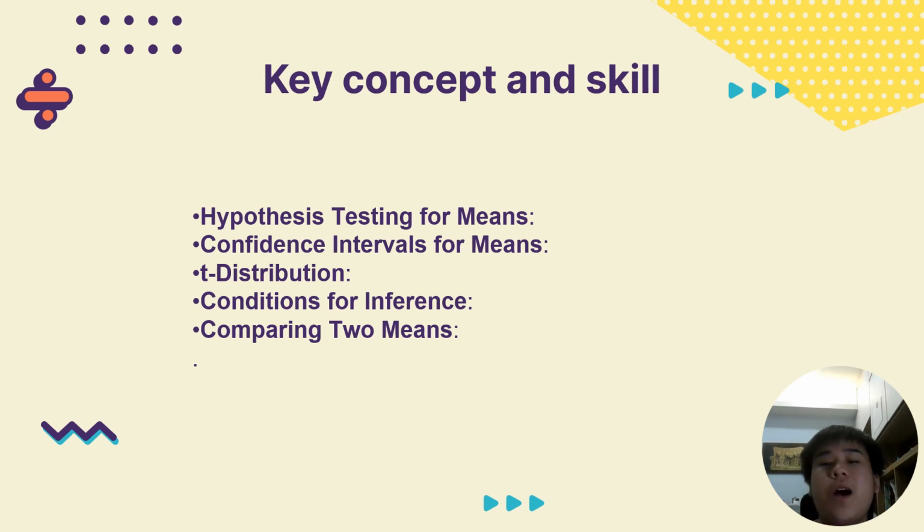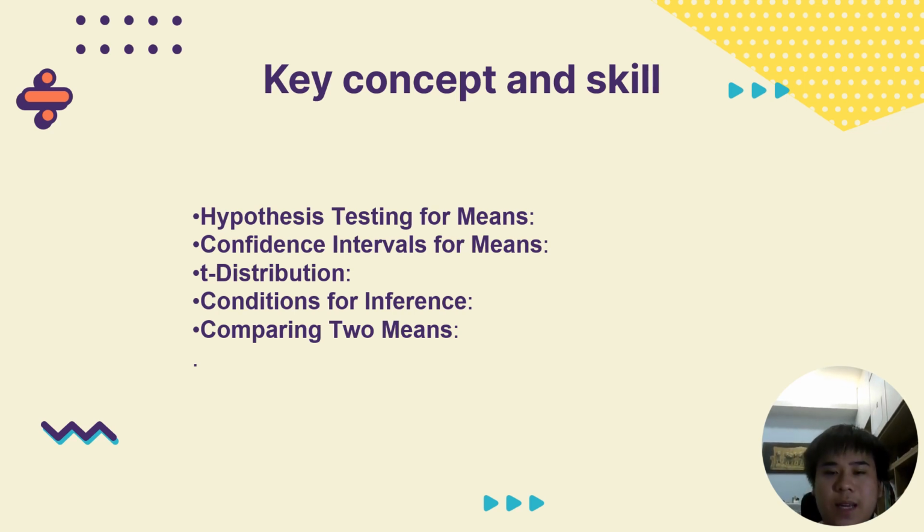T-distribution. You will be able to understand the use of the t-distribution for inference when the population standard deviation is unknown, when you don't know what the standard deviation is, and or the sample size is small. That's when you know you want to use the t-distribution. The t-test: identify degrees of freedom and their impact on the shape of the t-distribution.